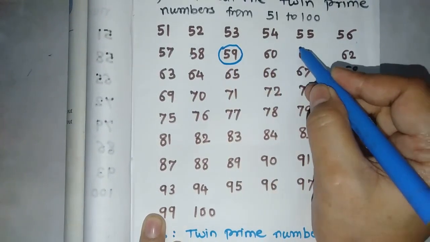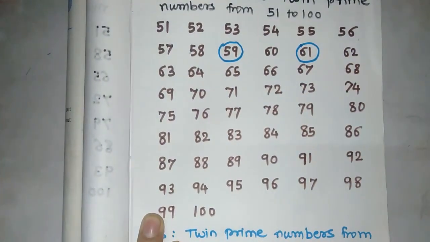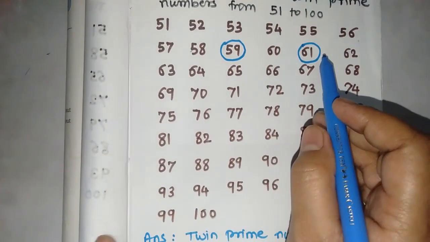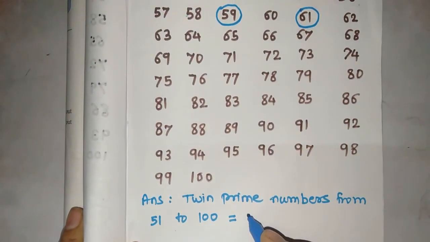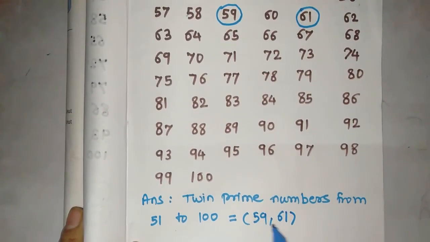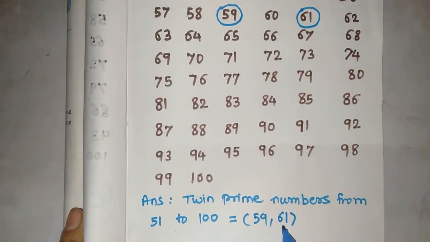So this is the first pair of twin prime numbers, 59 and 61, because both are prime numbers and their difference is 2.